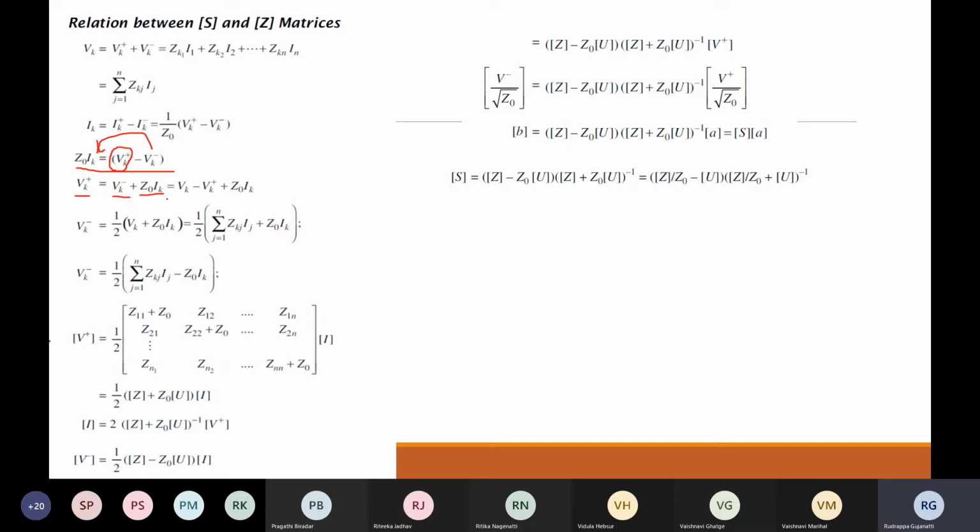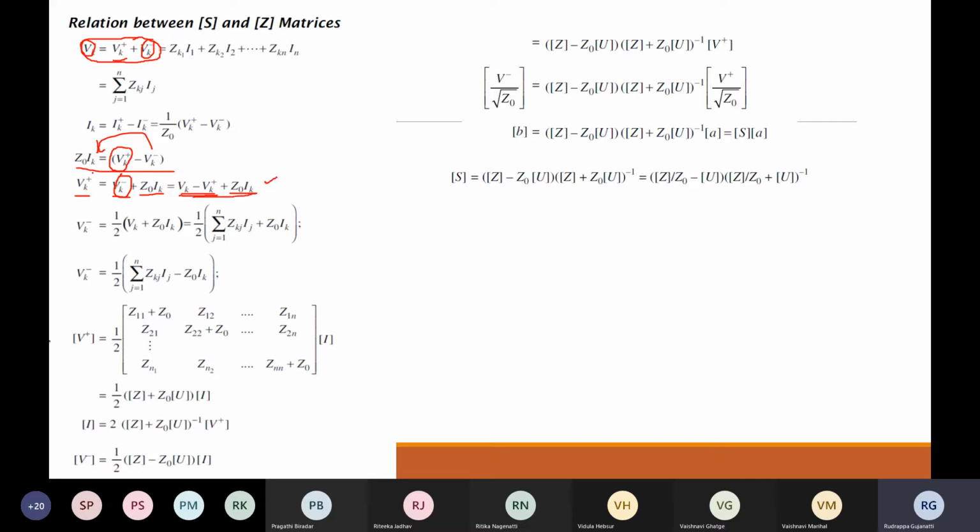Now, what is this reflected parameter in terms of the incident voltage? That is what we are looking at here. Vk minus, the reflected voltage, is equal to the total voltage minus the incident voltage, so that is replaced over here and we obtain this overall equation.